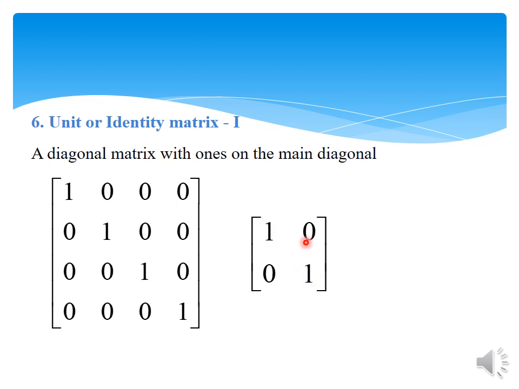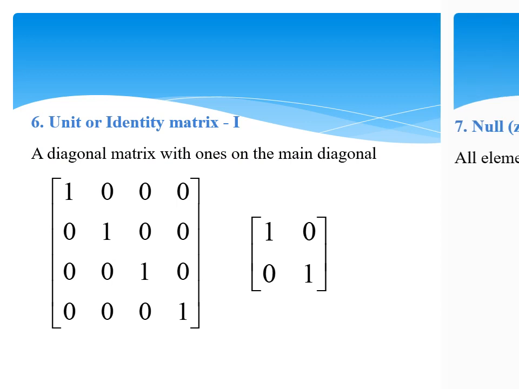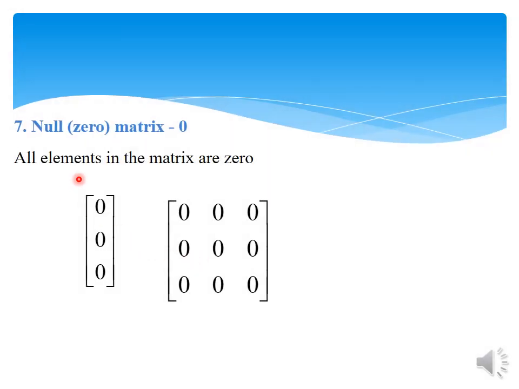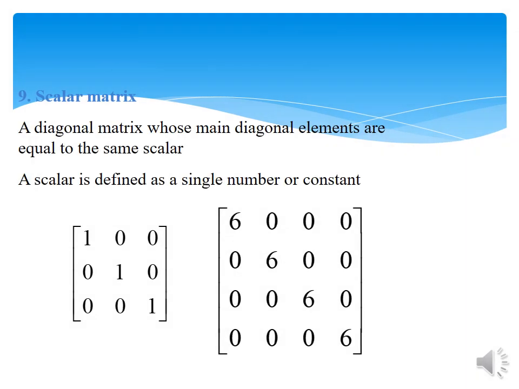You can see that the diagonal entries are only 1 and the other entries are 0. Null or zero matrix. What is a null or zero matrix? If all elements in the matrix are 0, then it is a zero matrix or null matrix. Here are examples of a null matrix or zero matrix.